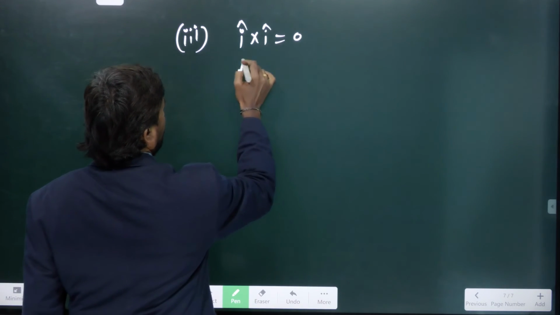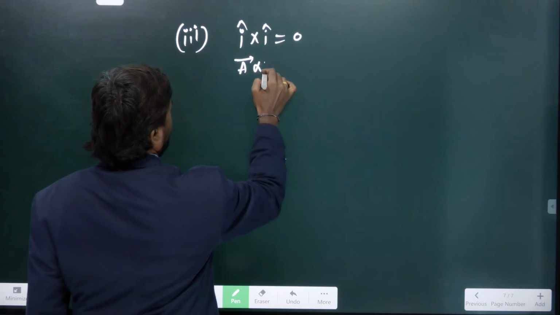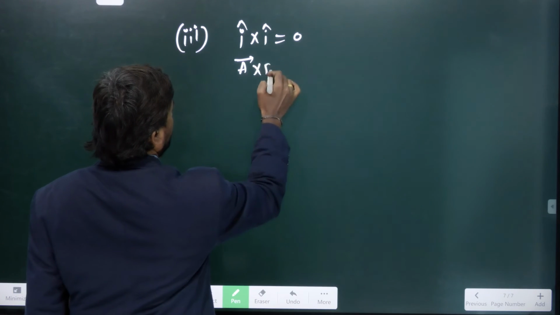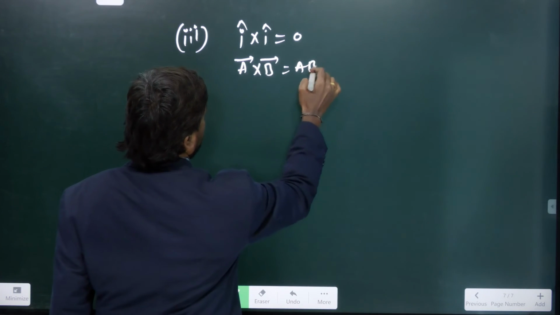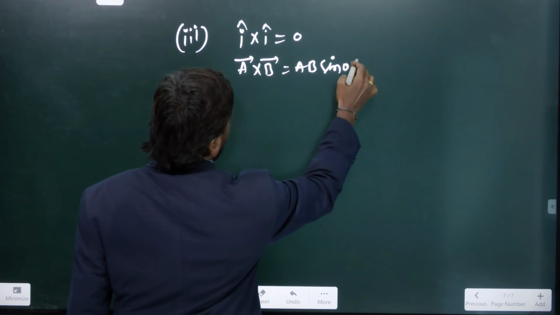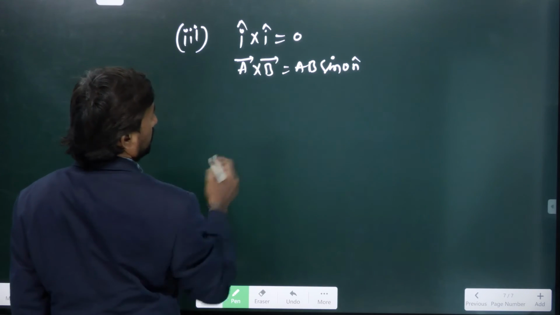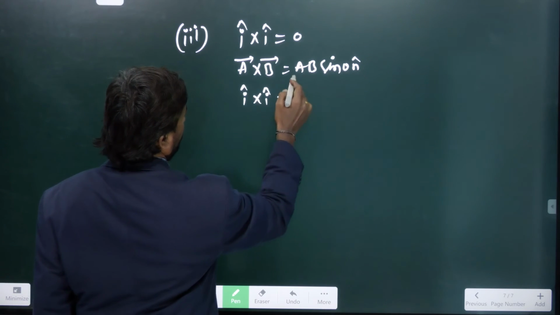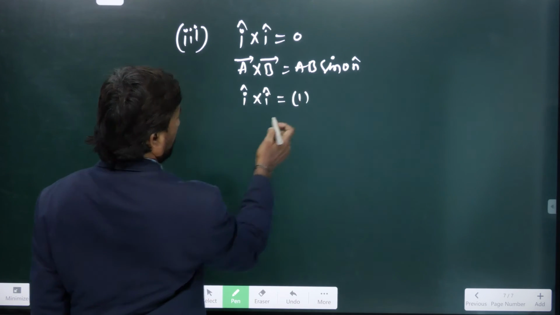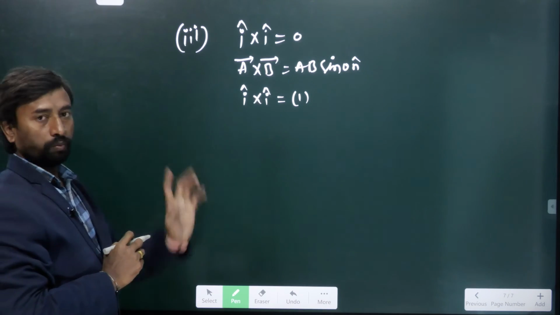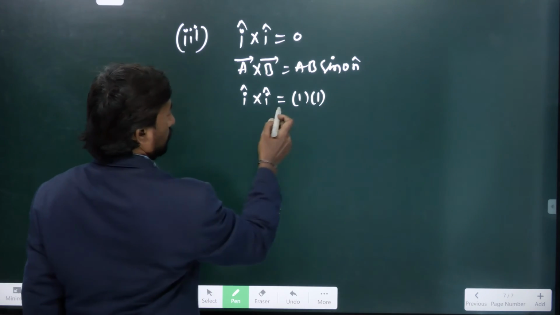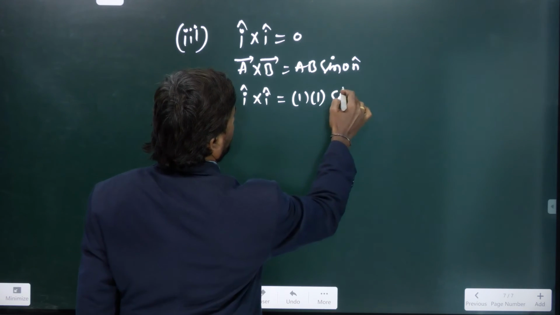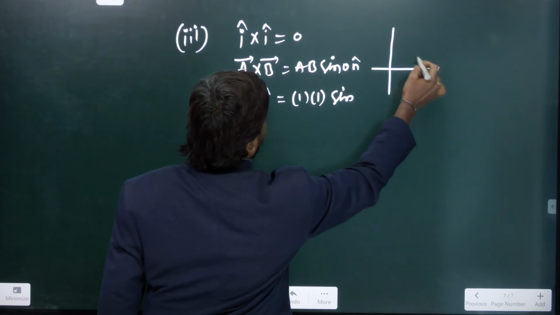Why? Here this formula will apply: A bar cross B bar is equal to AB sin theta n cap. Now if you apply it here, we can write i cap cross i cap. i cap is a unit vector, so its magnitude is 1, and the other i cap is also a unit vector, so its magnitude is 1. Now the sine of the angle between them.